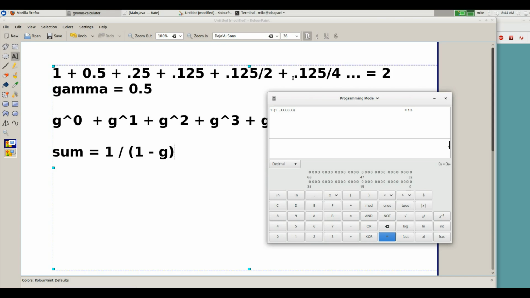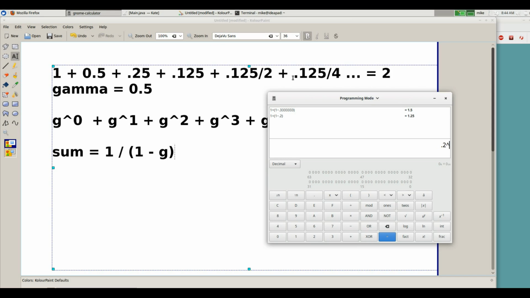Let's see if that works. 0.333 is too much of a pain, so let's do a small one. 1 over 1 minus, give me a value for gamma that's simple. 0.25? Let's go with 0.2, just because that's easy. All right, it comes out to 1.25.